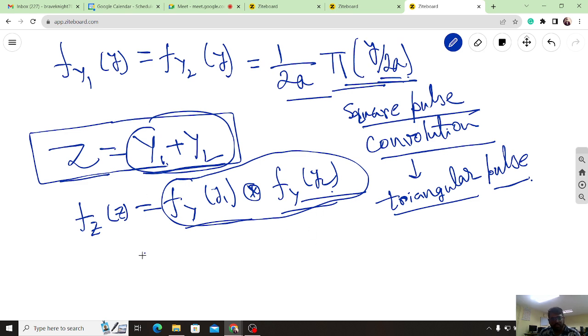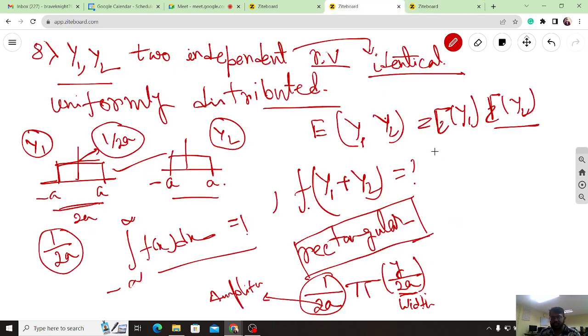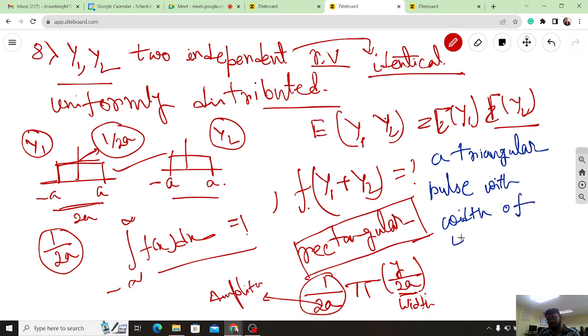And each of the square waves has a width of 2a, so the triangular pulse will have a width of 4a. So the density nature will be a triangular pulse with width of 4a.